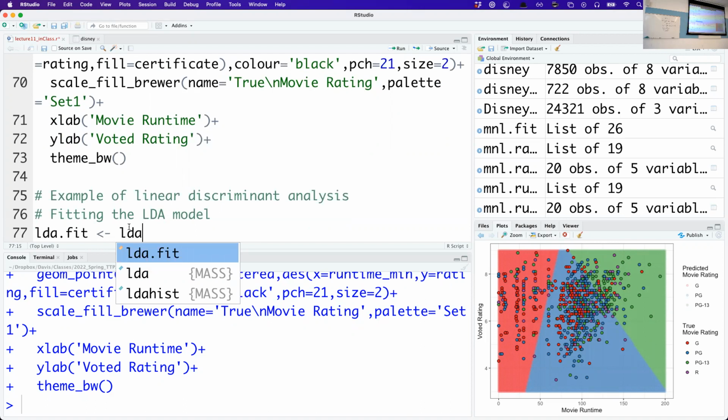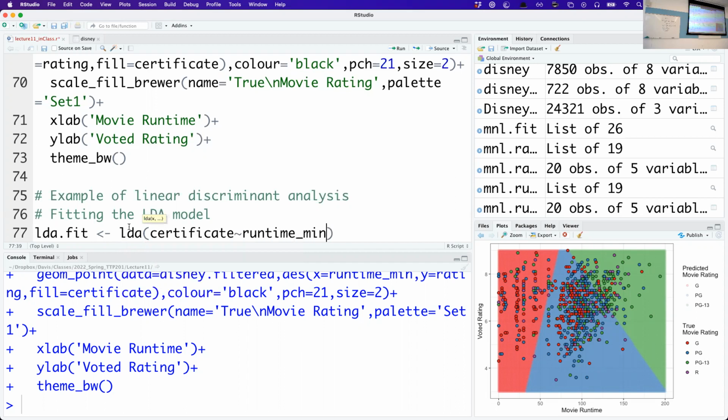Procedurally, this is going to be really close to MNL in all the stuff that we've set up already. So instead of multinom, it'll be LDA, and it should look something like this.